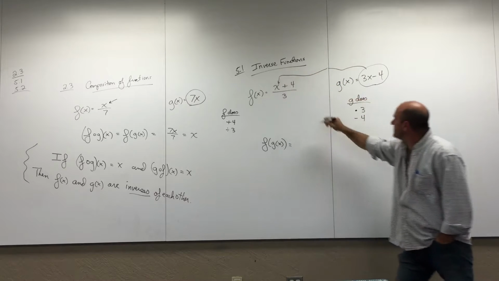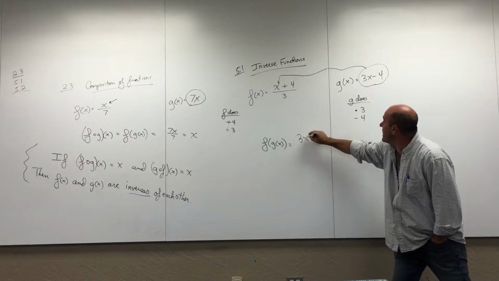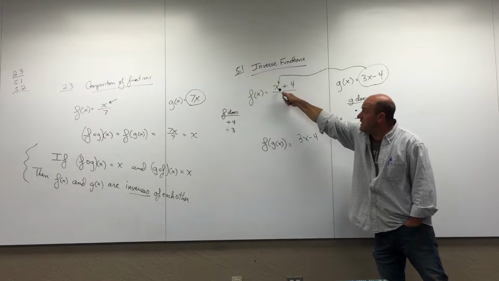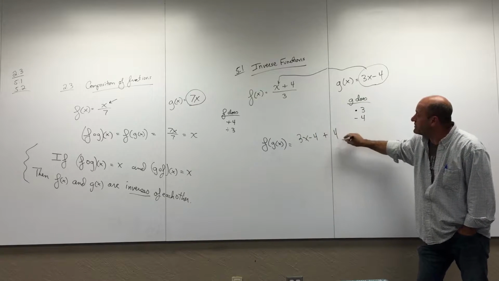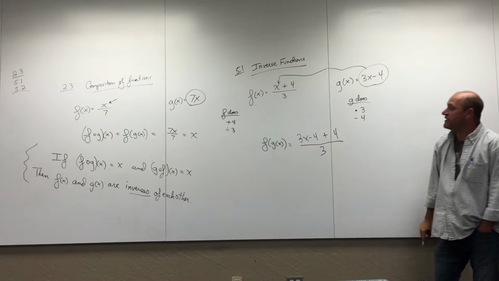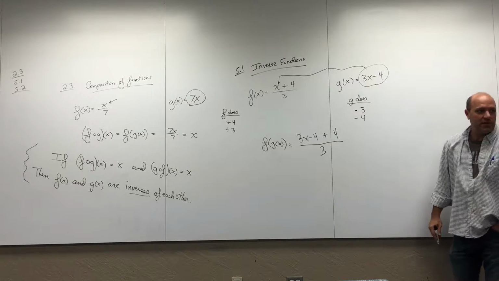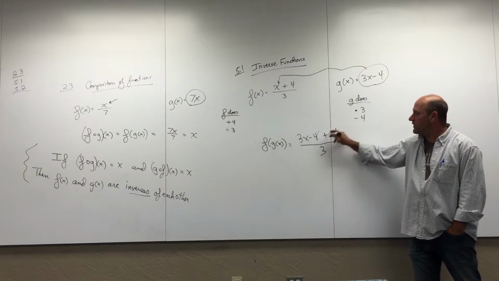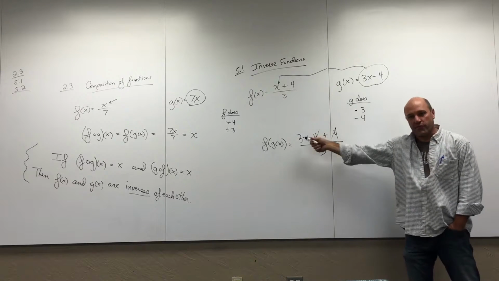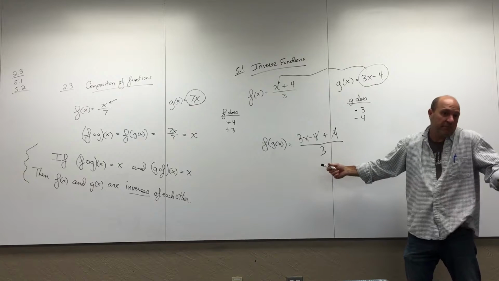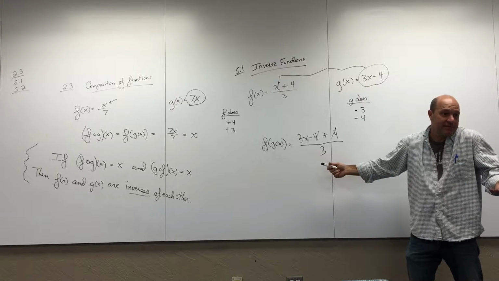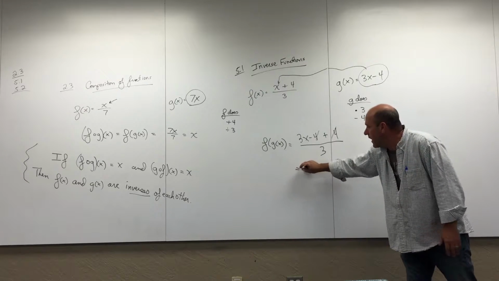Right there. It's going to be 3x minus 4, and then I still have the plus 4 and the divided by 3. Once you plug it in there, you can see. The 4's cancel. You're left with 3x over 3. The 3's cancel. You're left with x. Awesome.